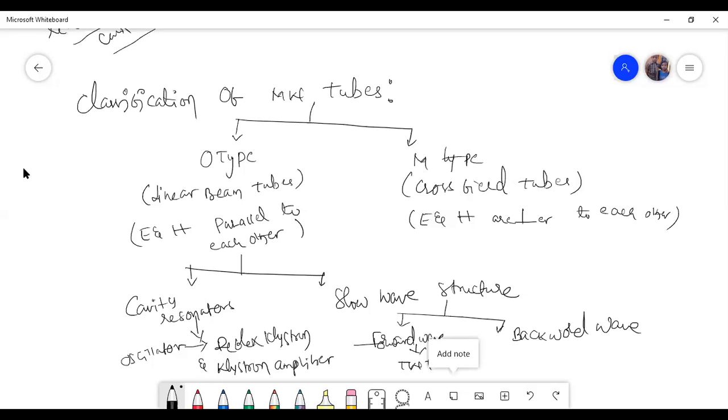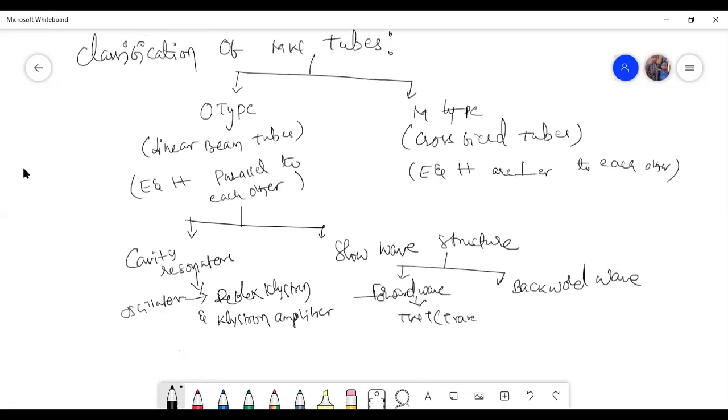This is the traveling wave tube amplifier. And coming to backward wave, here again we have the backward wave amplifier and the backward wave oscillator.